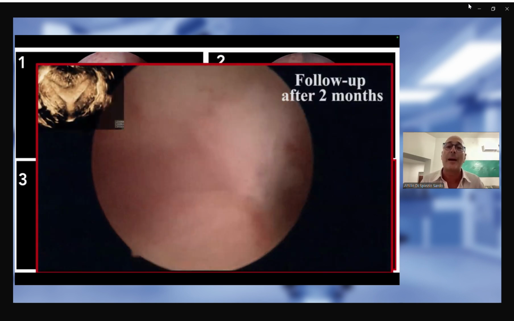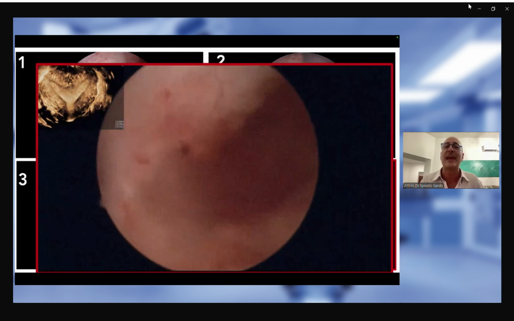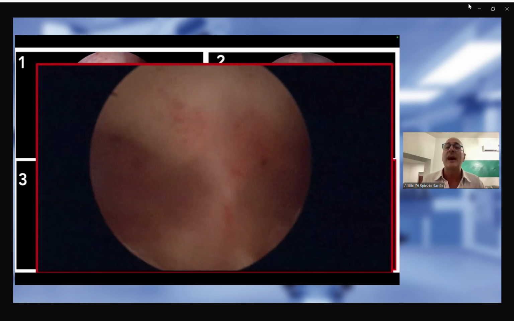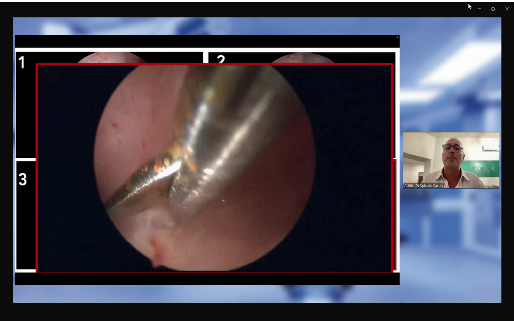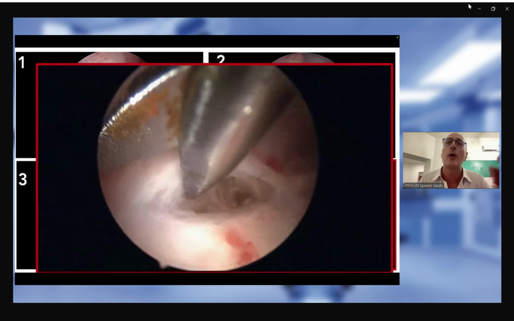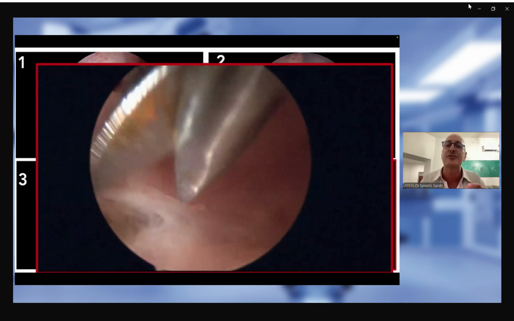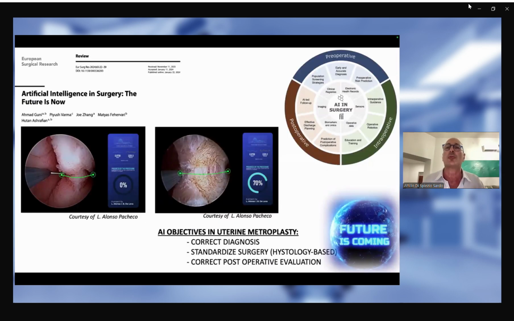This is the follow-up after 2 months. You see that both at sonography and in hysteroscopy, there is a residual septum, a recurrence of septum. We don't know how to define it. But this means that even when you do a perfect surgery, the results can be more or less frustrating, and you need more or less a second step to do a good job.